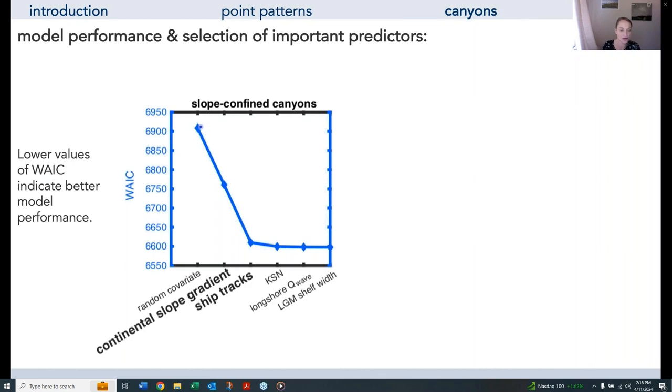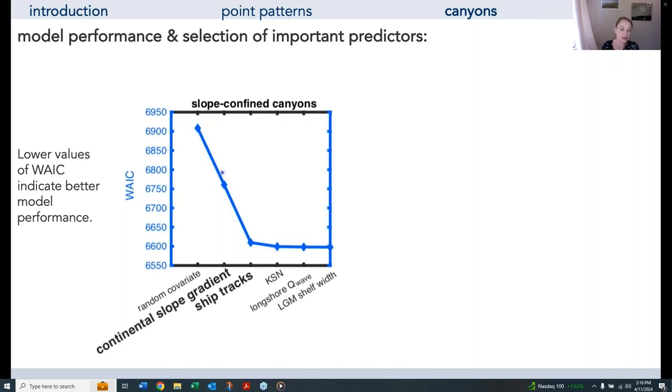So if we run the model with only adding the continental slope gradient, the value drops significantly, so this is a very important variable. Ship track density as a measure for mathematical data quality is also important, as we expected. And all of the other 15 parameters that we have calculated on a global scale, they don't really do very much, right? They don't really enhance the model performance significantly.